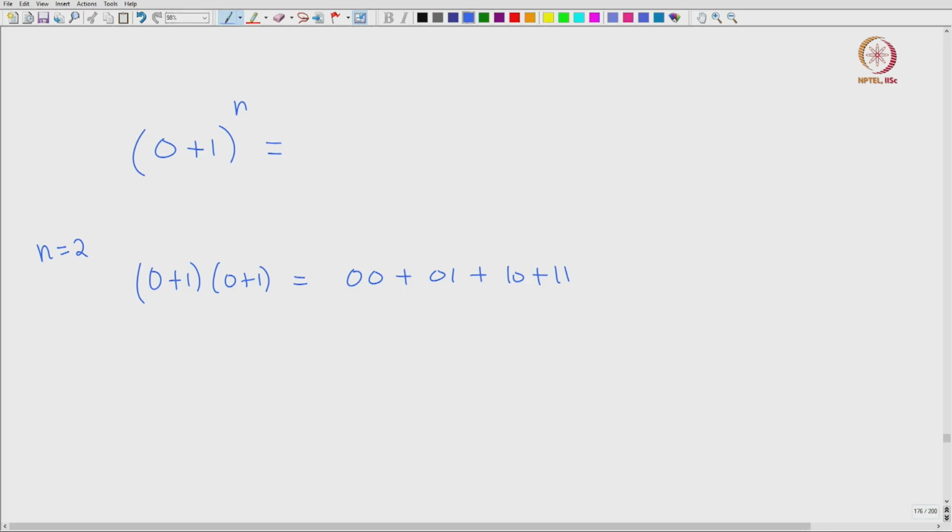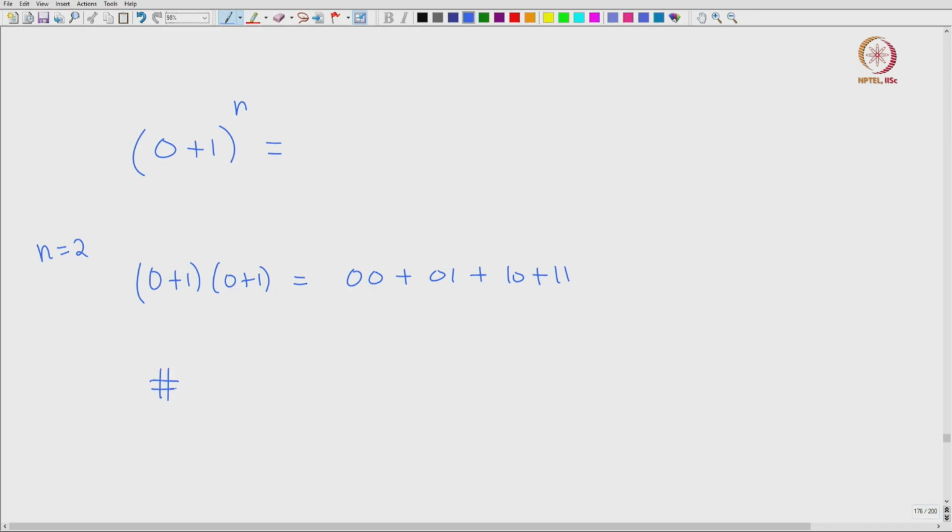And with respect to that, if we start counting, we can see that n choose k is going to be the number of words that has exactly k x's in it.